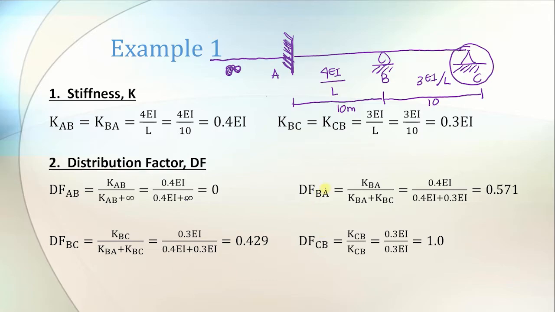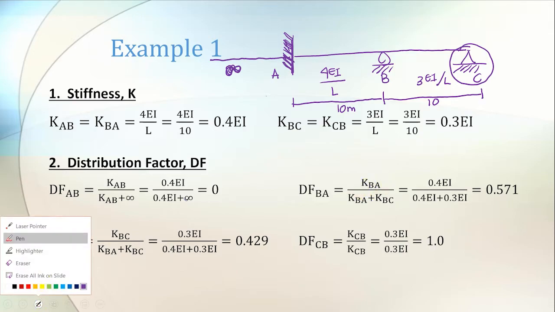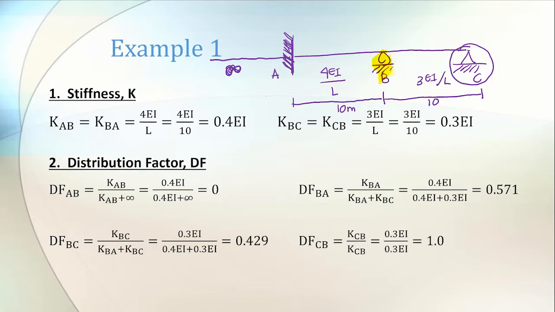We calculate the distribution factor for beam B to A. The moment we want to transfer to A, so we want to find its factor. Because we are calculating B to A, it is KBA, the stiffness of BA. What is at B? We look at support point B. At this support, we have two beams, which are beam BA and beam BC.